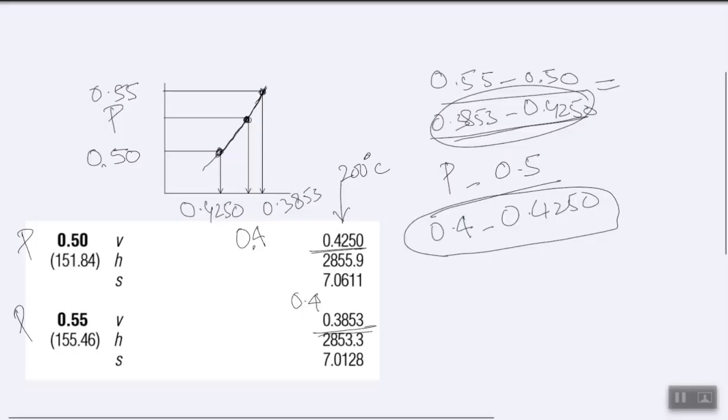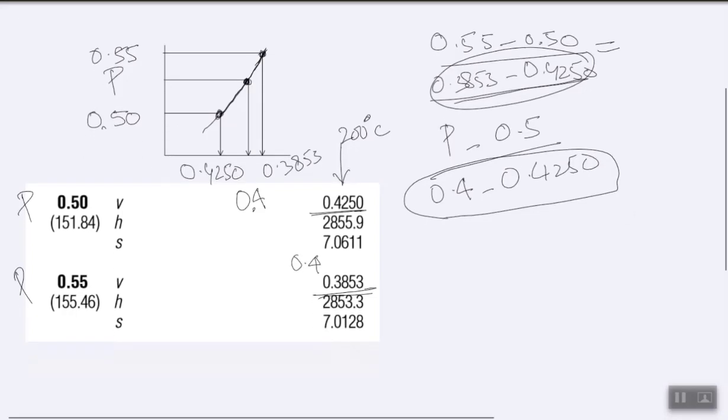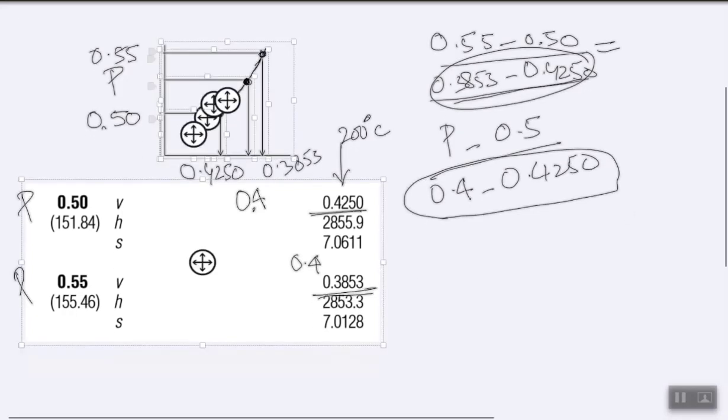Make sure you first convert bar into megapascal. 1 bar is equal to 10 to the power 5 pascal, and 1 megapascal is equal to 10 to the power 6 pascal.